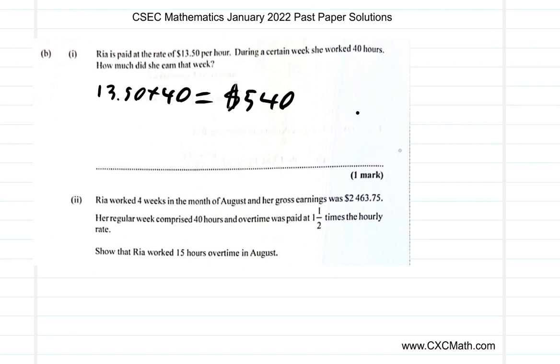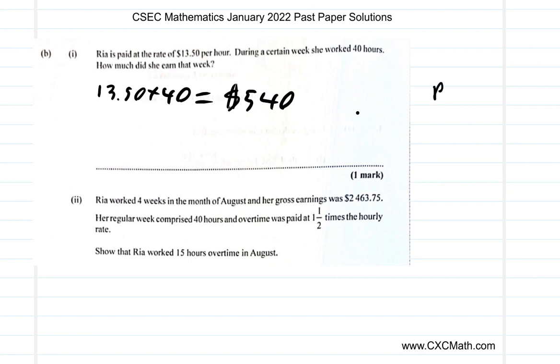So, she worked 4 weeks in the month of August. Gross earning. That means before tax. Alright? It was $2,463.75. A regular week comprised 40 hours, and overtime is paid 1.5 times the hourly rate. Now, remember, she earns $540 for a 40-hour week. 4 weeks.